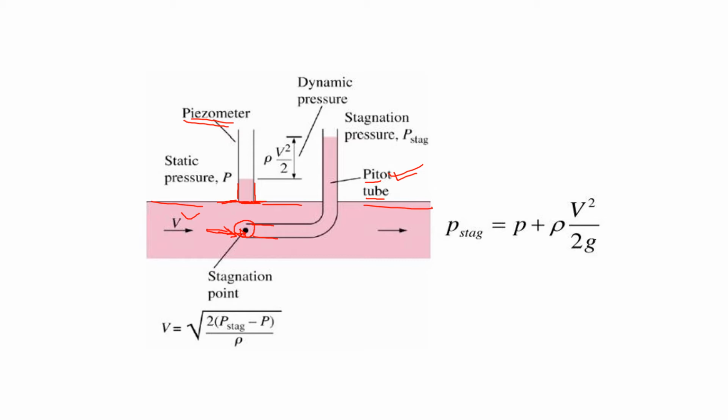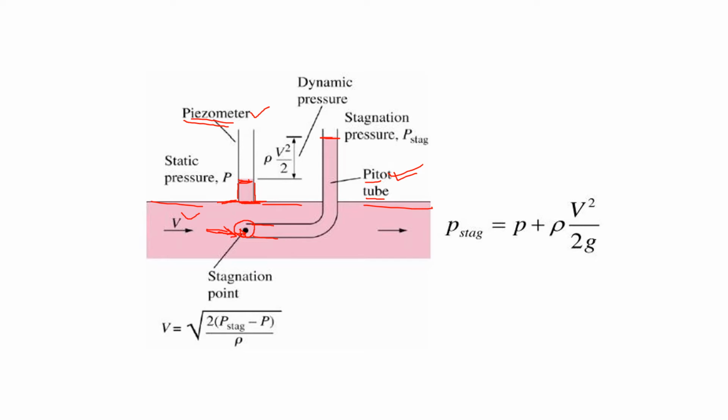That's why, if you observe the fluid level in both the measuring instruments, in the piezometer this is the fluid level, whereas in the pitot tube this is the fluid level. The piezometer measures the static pressure, whereas the pitot tube, inserted in this fashion into the duct, measures the stagnation pressure, meaning the kinetic energy is brought to 0 and that kinetic energy has been converted into pressure.